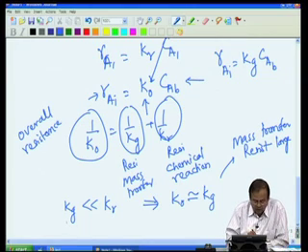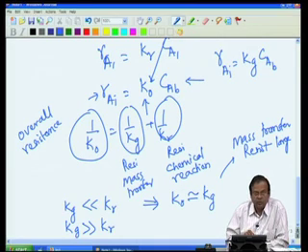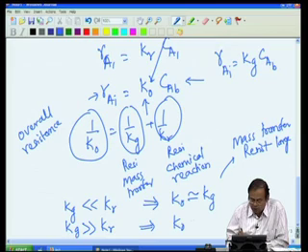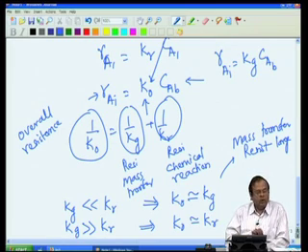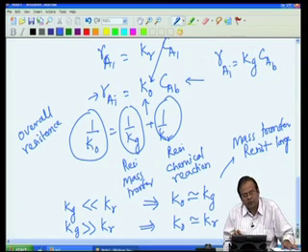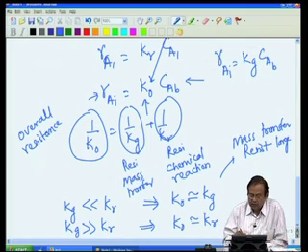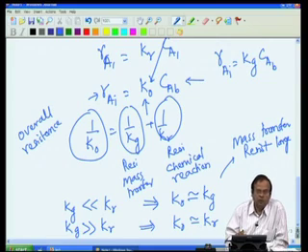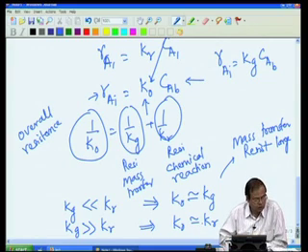What about the other situation? If Kg is very much greater than Kr, that means now reaction is very slow, this would imply K naught is almost same as Kr. So, when the mass transfer resistance is very small compared to the chemical reaction resistance, then the kinetic rate constant that we will measure, or K naught, is same as the actual kinetic rate constant.